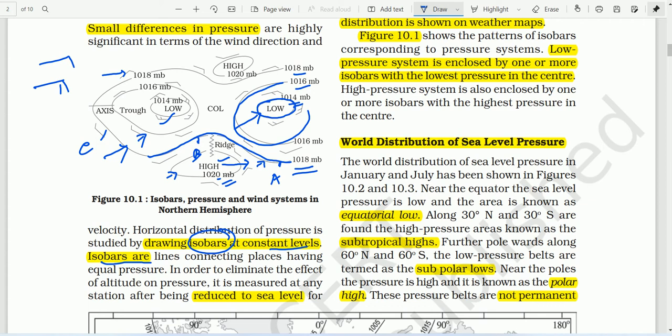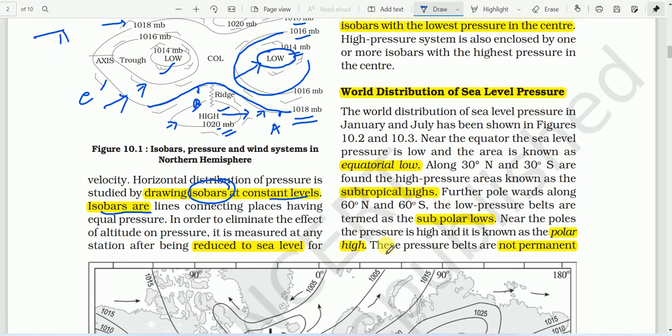So let us continue. In order to eliminate the effect of altitude on the pressure, it is measured at any station after being reduced to sea level. We have learned that at the top of the mountain we have lower pressure as compared to low-lying areas, where the density of the air is high as compared to the top of the mountain.